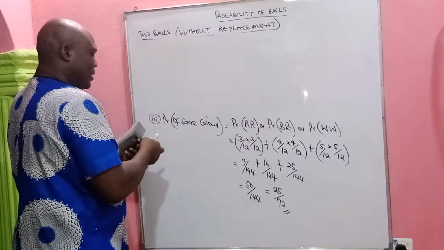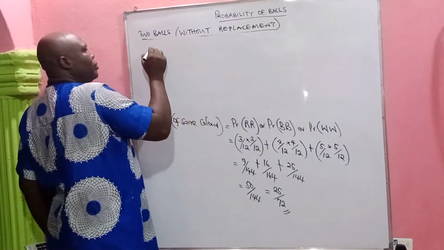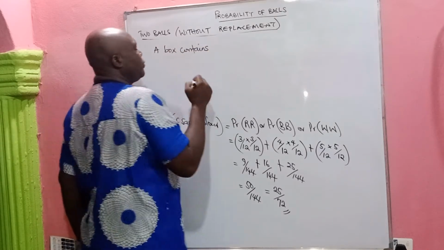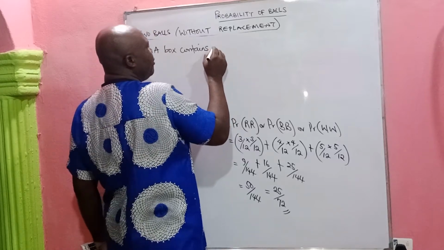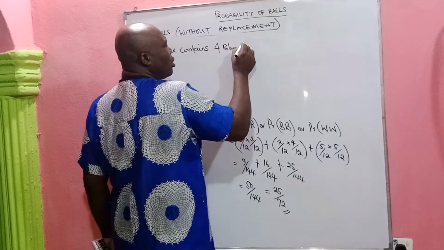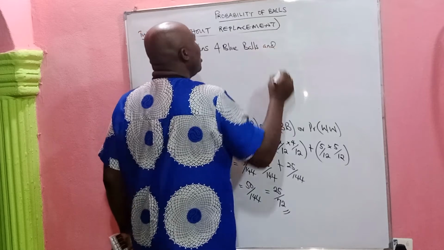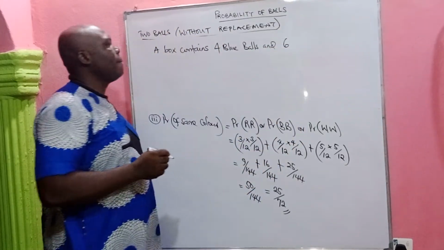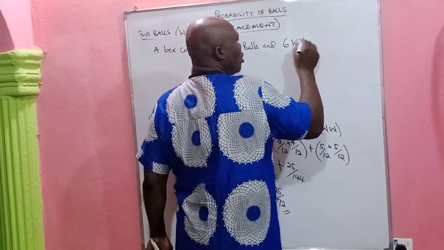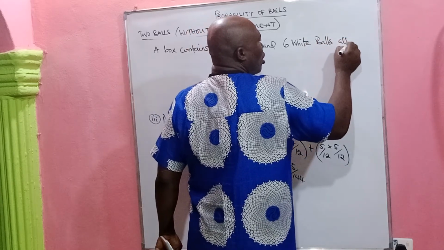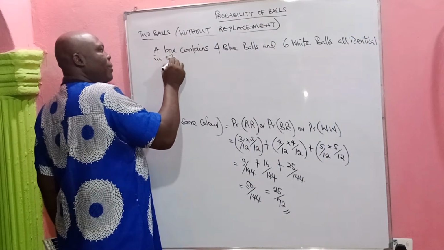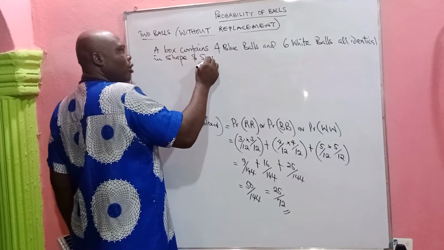A box contains 4 blue balls and 6 white balls, all identical in shape and size except color.